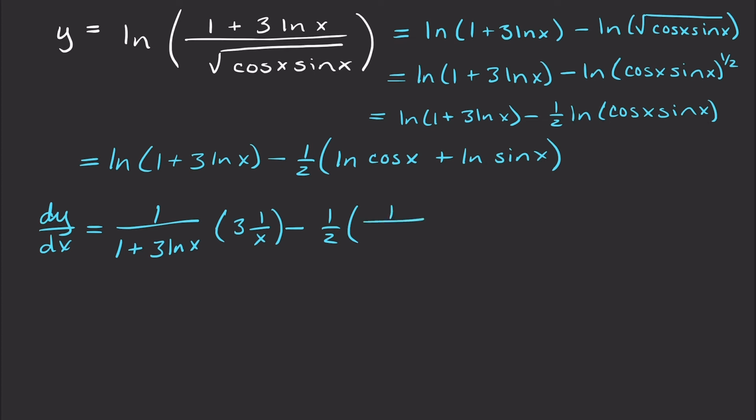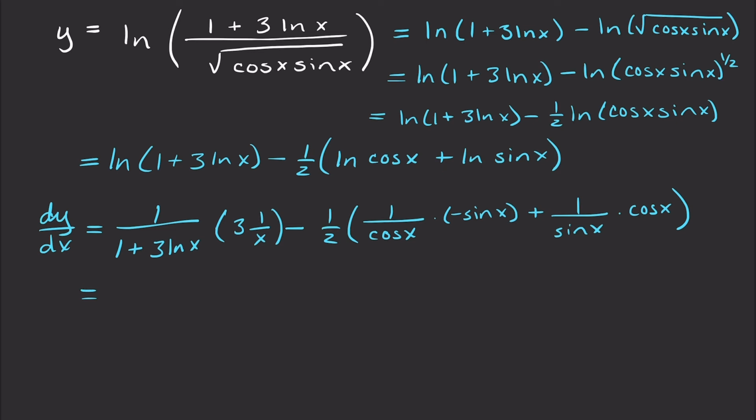So again, it's going to be 1 over the argument of the natural log times the derivative of that argument. So this is going to be minus sin x, plus, again, 1 over the argument sin x times the derivative of the argument, cosine x.